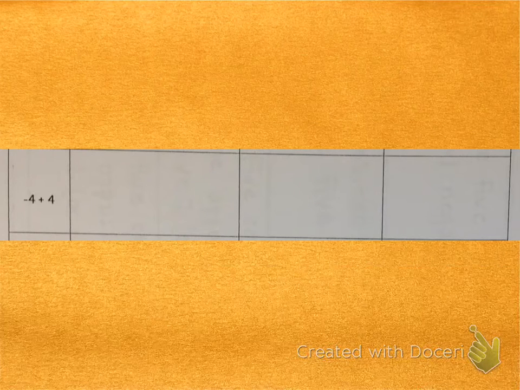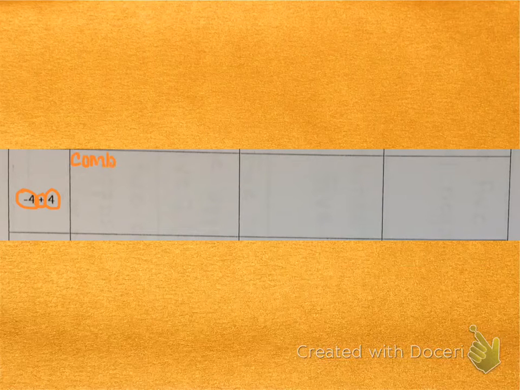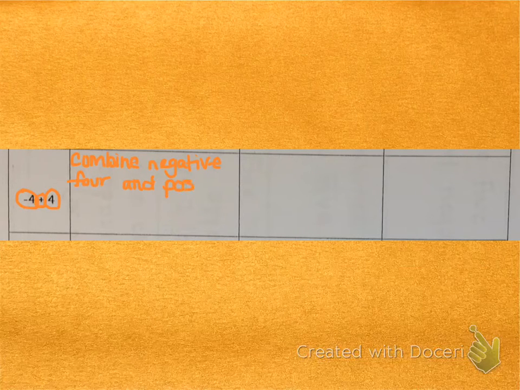Let's try that again. Number 2 says this is a negative 4 and positive 4. So we are going to combine negative 4 and positive 4.